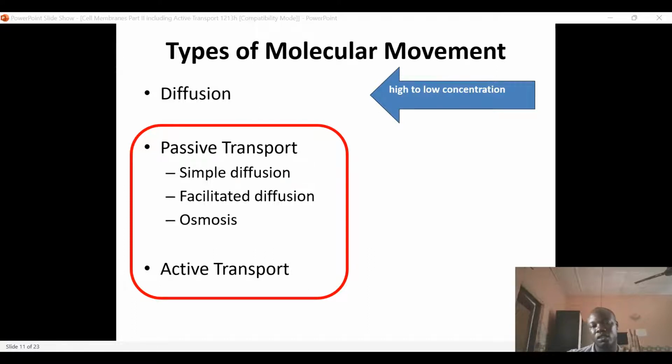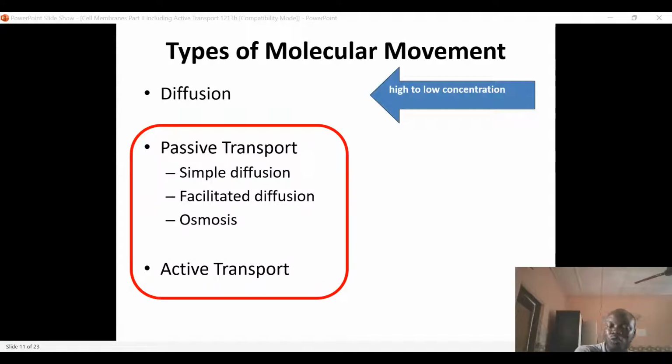So it means that if inside the cell you have 20 molecules of glucose, and in the blood, maybe after eating, you have 1,000 molecules of glucose, then to prevent hyperglycemia, that is, to prevent a high concentration of glucose in the blood, you need to transport that glucose from the blood into the cell.